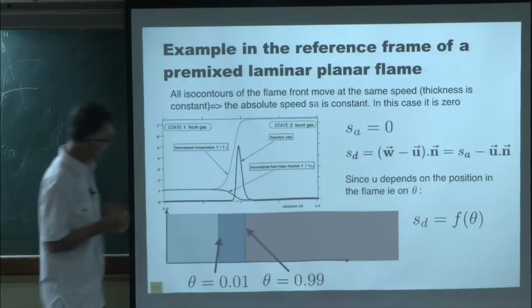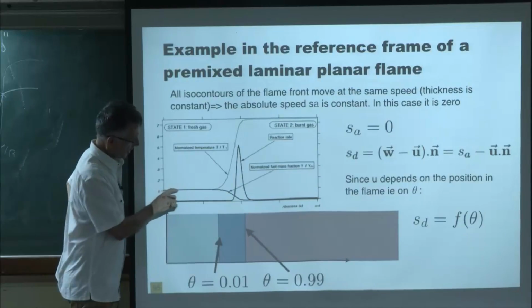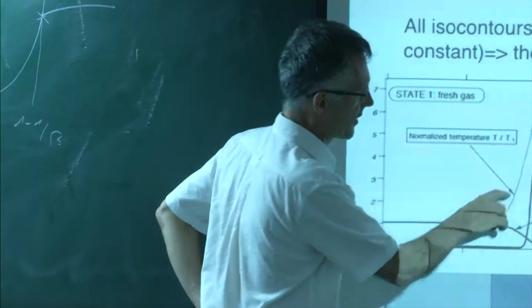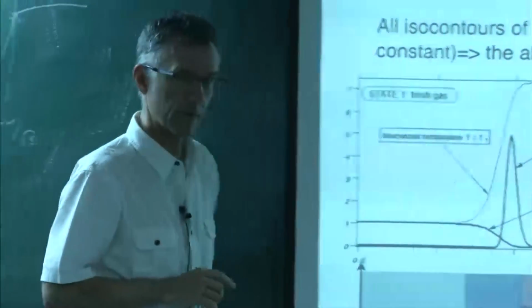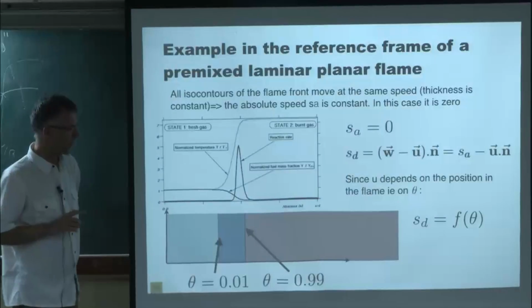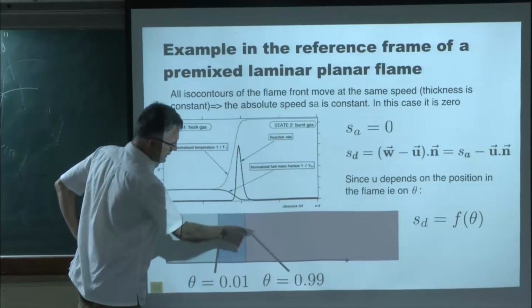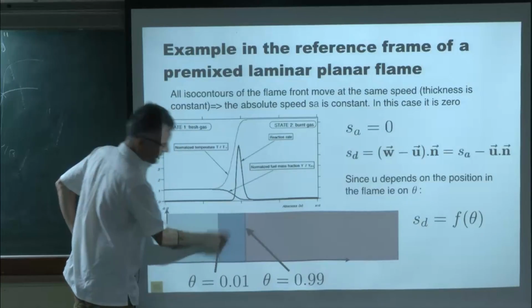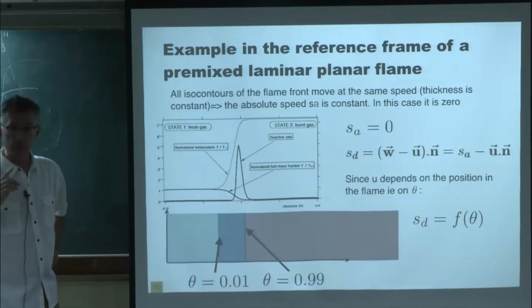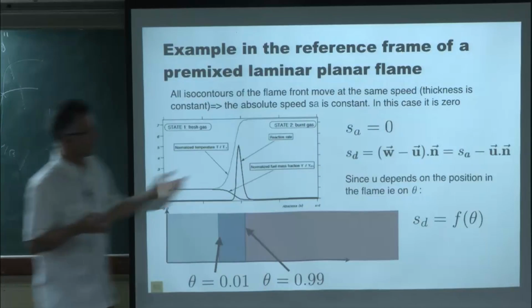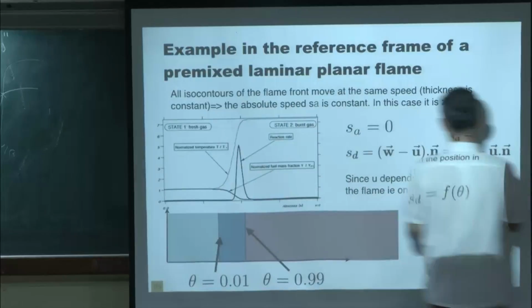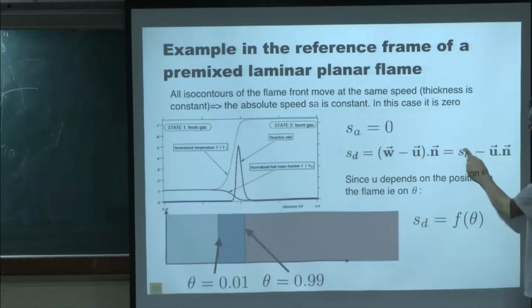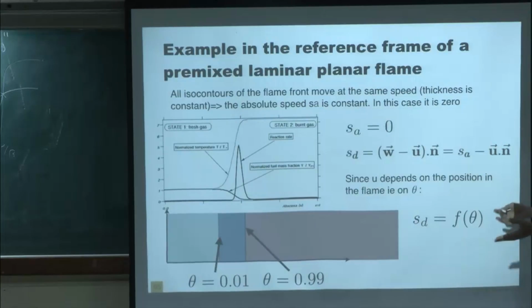This is how it would look. The flow will enter at the flame speed and will accelerate. Now, the trick is that since all the iso lines are moving at the same absolute speed, then the displacement speed, which is the difference between these two things, this is constant, this is changing, so the displacement speed will change.